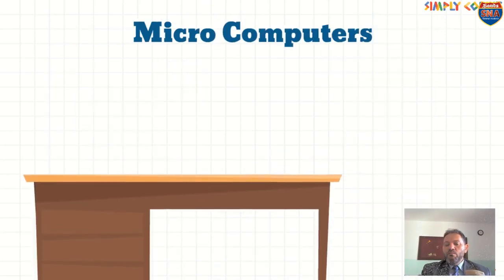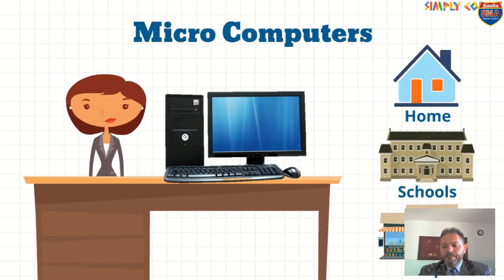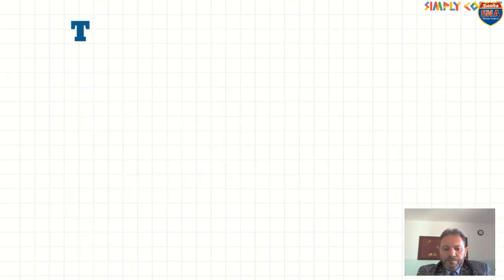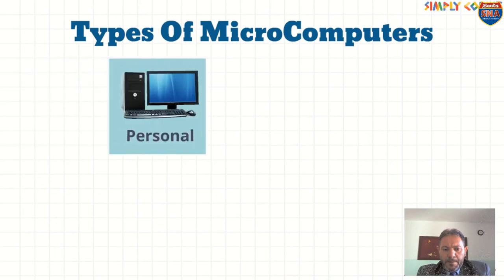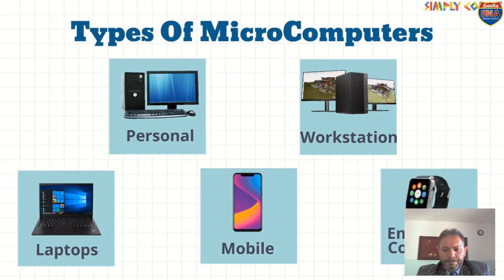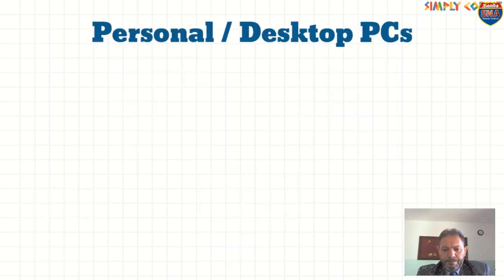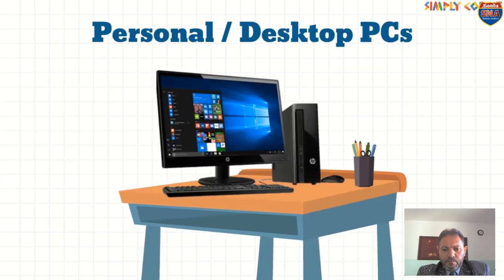Microcomputers are typically single CPU, single user systems used at home, office, school, shops. They are further categorized as personal computers, workstations, laptops, mobiles, embedded computers. The personal or desktop PCs are the most common computers with monitor, keyboard and mouse, typically kept on a desk.